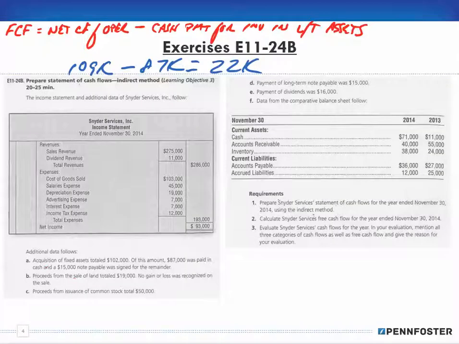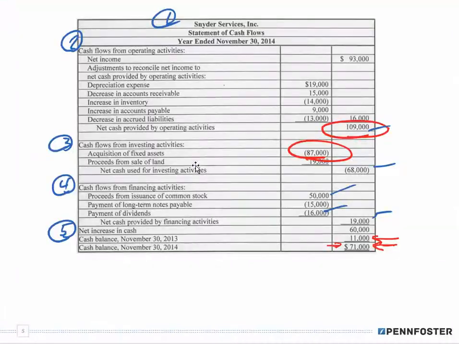Okay, so that's the free cash flow. You think of it in terms of the available cash flow to do whatever you want with it. That was a pretty good description of what is on the statement of cash flows and the reasoning behind it.